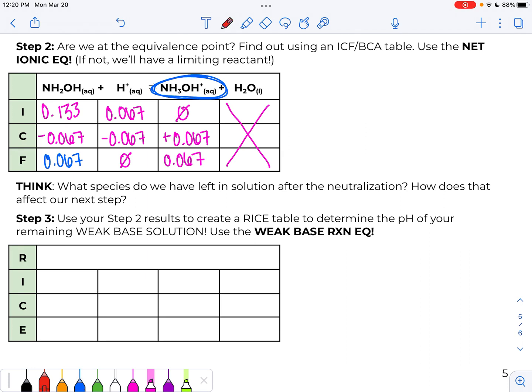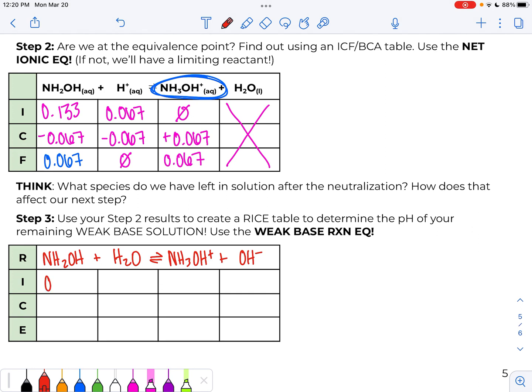So what do we have left? Well, we've got our base left over, NH2OH. This is going to react with water, and what are we going to make? We're going to make conjugate acid and hydroxide. Okay.